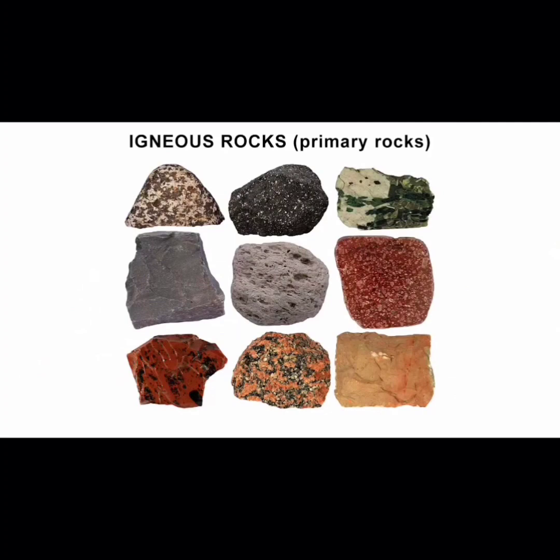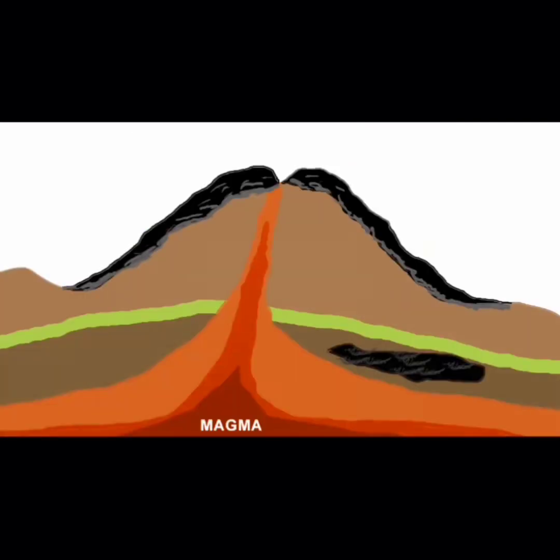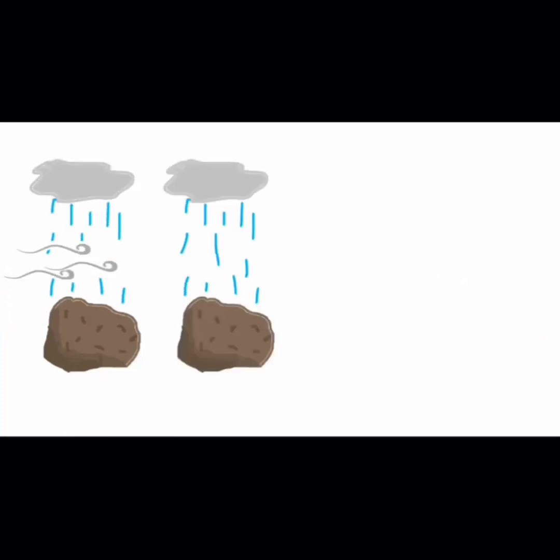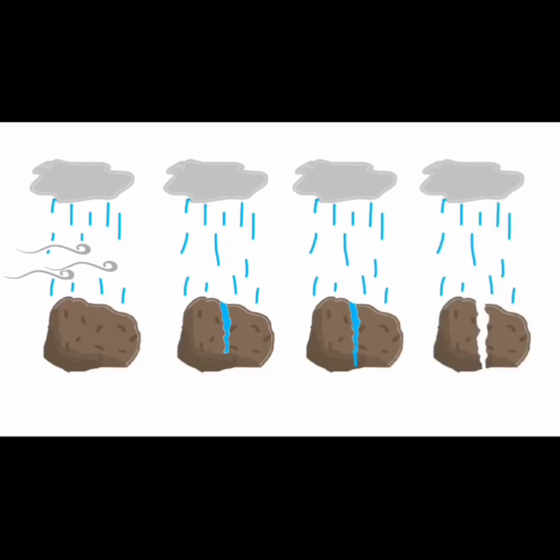Let's understand the cycle. Magma comes out of the mantle through volcanic eruption. Now this magma cools down and becomes solid crystal, and that is how igneous rocks are formed. Now as time passes, various weathering agents like wind, rain, and glacier activities act on this igneous rock, and they slowly break it into small pieces called sediments.